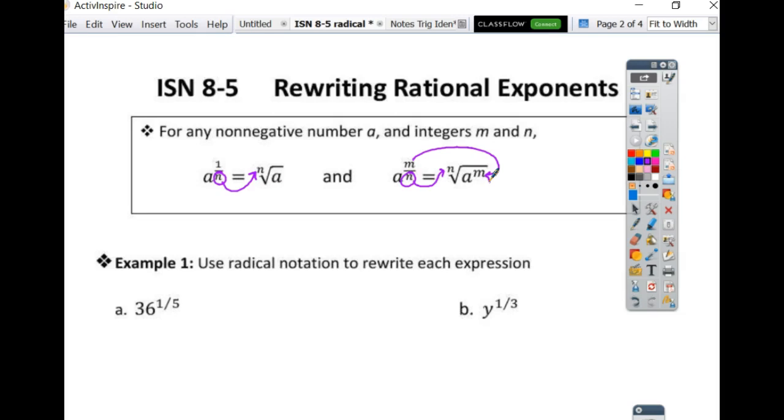Number on bottom, outside. So 36 to the 1/5. So the 5 goes on the outside, and you get 36. The 3 is on the outside. Do I have to put the 1 on the inside? No.